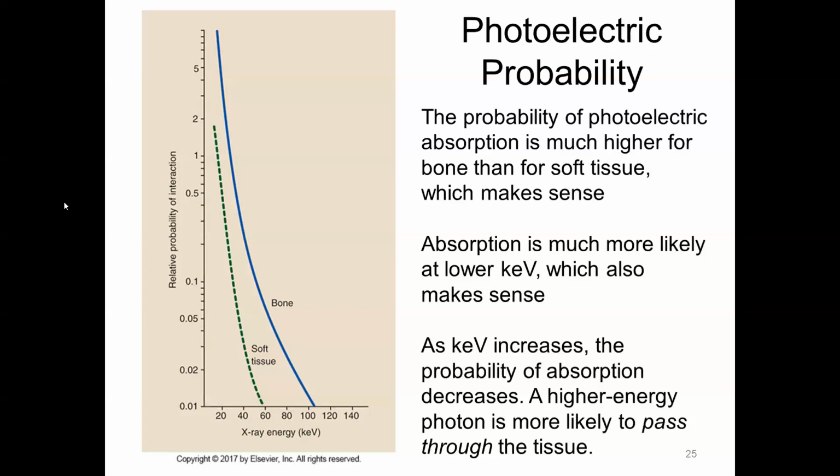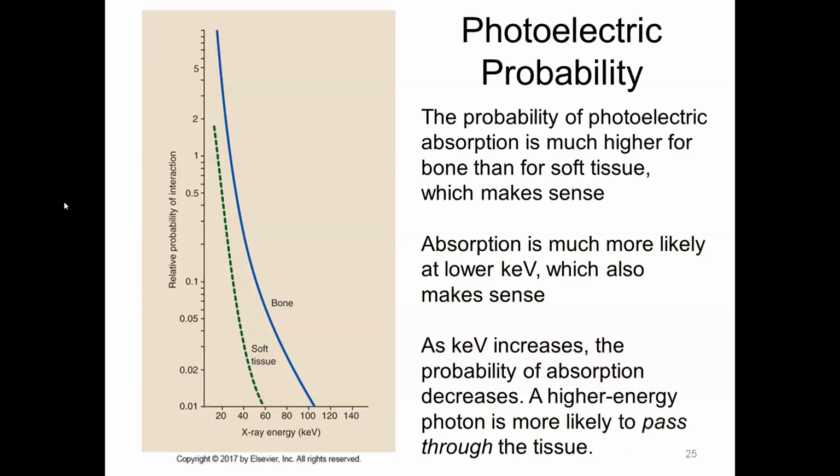Think back to our choosy inner shell electrons. In the body, these low energy photons are going to match up very nicely with how picky those inner shell electrons are.